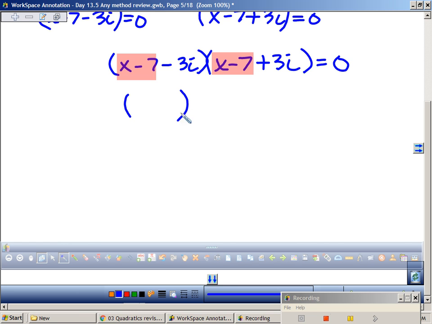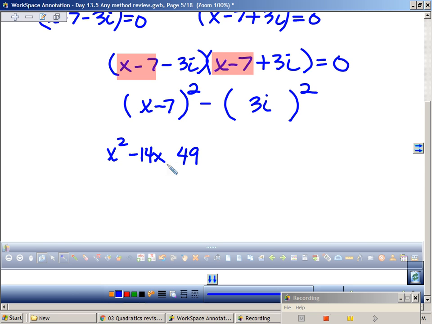So I'm going to put them both in squares. So x minus 7 goes in a square, and 3i goes in a square. I can FOIL this in my head because it's a perfect square trinomial, so it's x squared. 7 squared is 49. What goes in here? If you were to look at it, wouldn't it be a negative 7 and a negative 7? I just did the opposite of completing the square in my head, right? Because wouldn't I take half of 14, which is 7, and square it to get that, right?